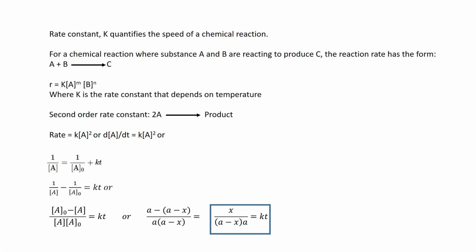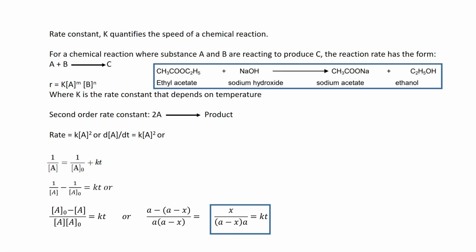So the reaction that you're going to perform is the hydrolysis of ethyl acetate, where ethyl acetate reacts with sodium hydroxide to give sodium acetate and ethanol. It's interesting to note that hydrolysis of ester can happen in acidic medium as well, and then the order of the reaction is found to be different.